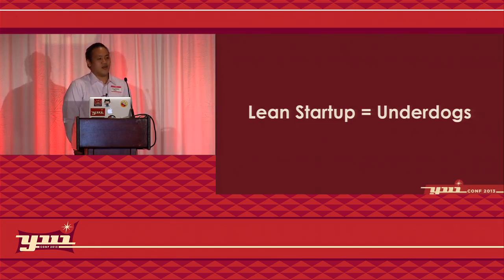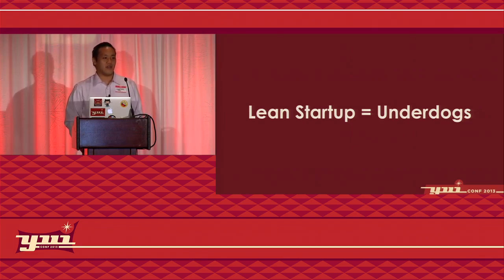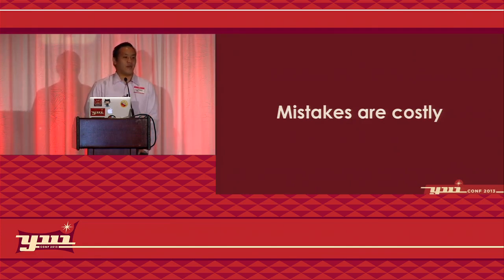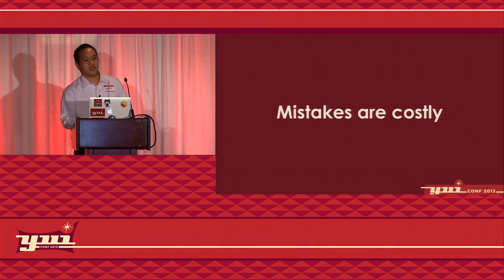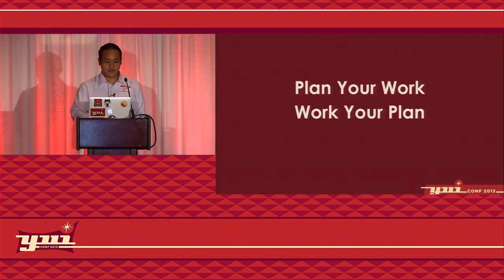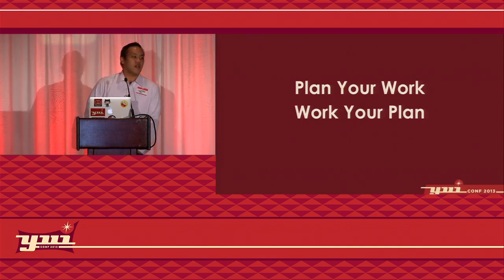At an early stage startup like us, you're essentially the underdogs because everything is stacked against us, and at every corner there's 100 different things that could go wrong, and mistakes are costly because if you make one bad mistake or a bad decision, it could mean the future of your company. So we can't really afford to make mistakes. And we have to make decisions carefully. A good formula for success is the saying, plan your work and work your plan.